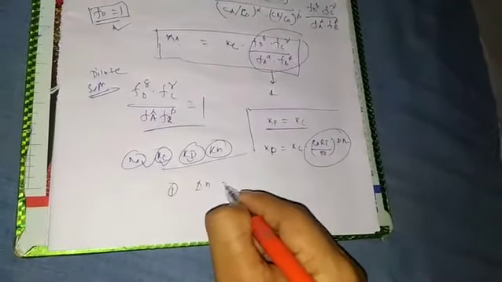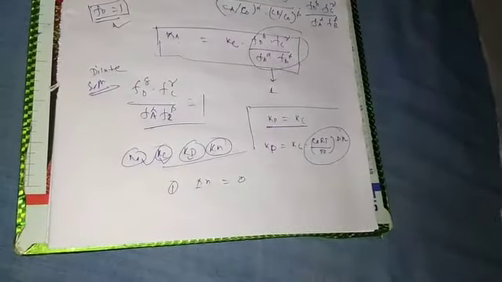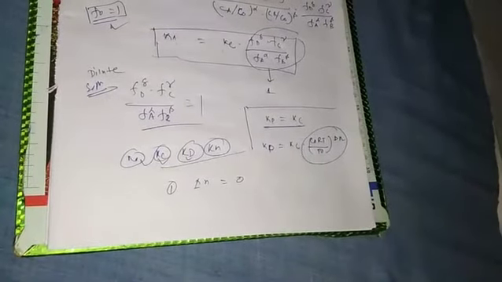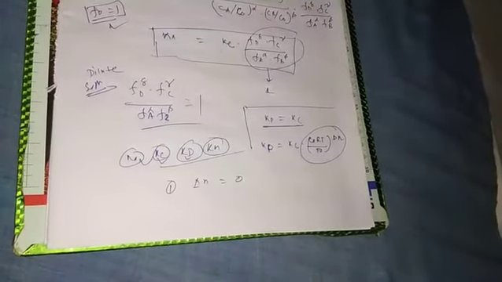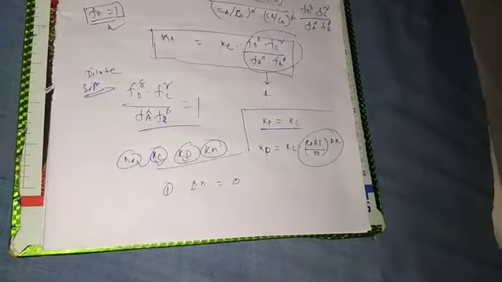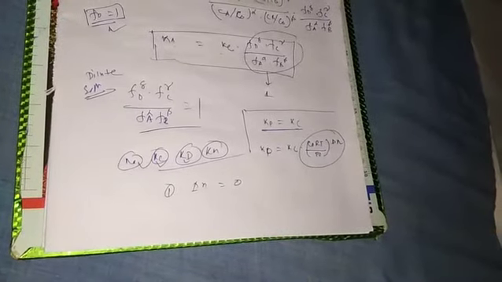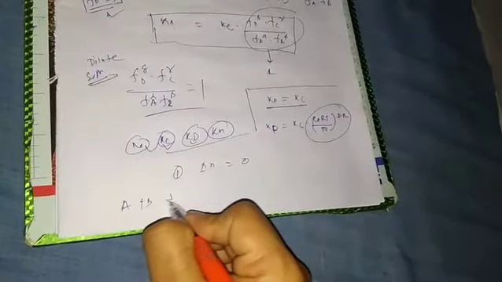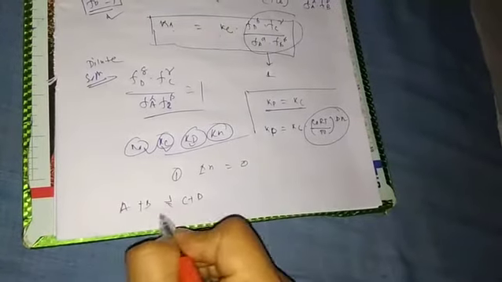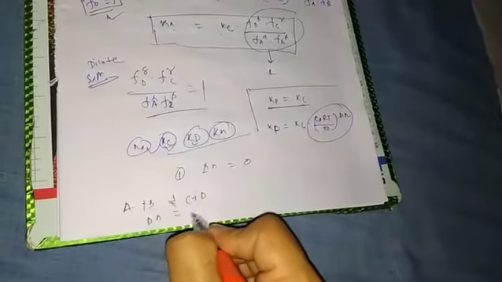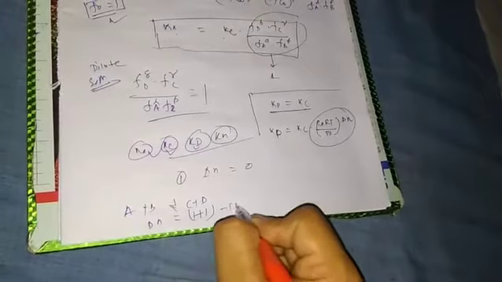The first condition is when delta n is 0, that is, when the reactant stoichiometry equals the product stoichiometry. For example, for this reaction delta n equals 1 plus 1 minus 1 minus 1, so 0. For this reaction Kp equals Kc.